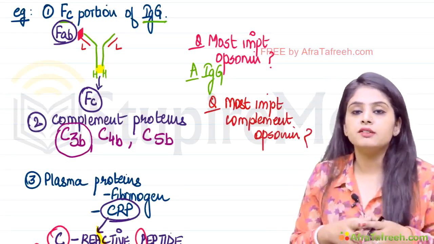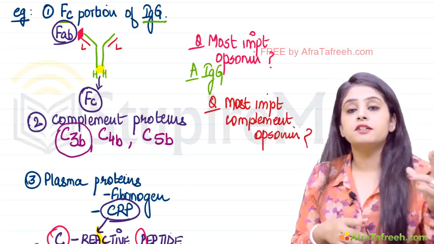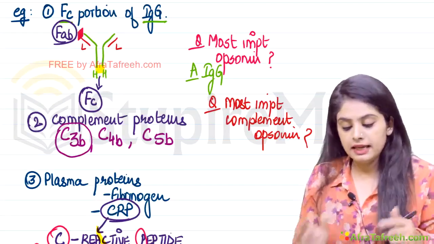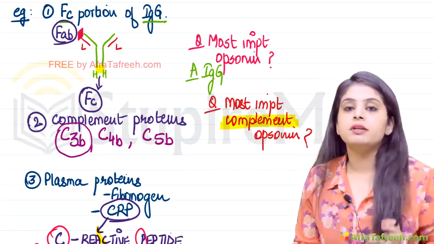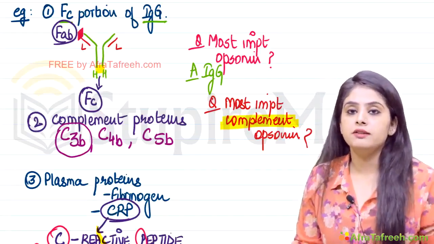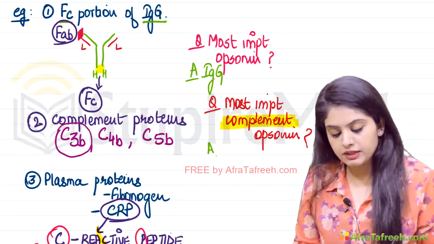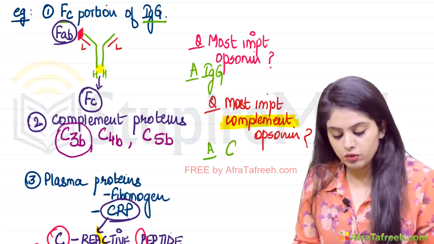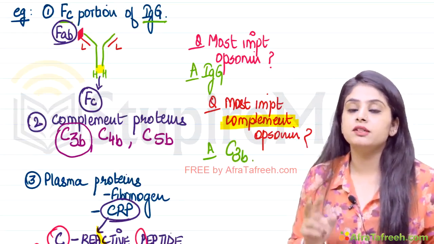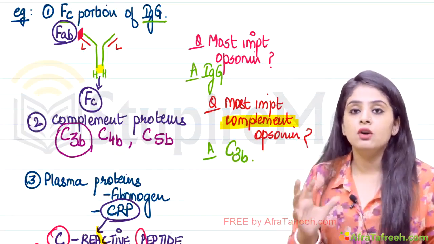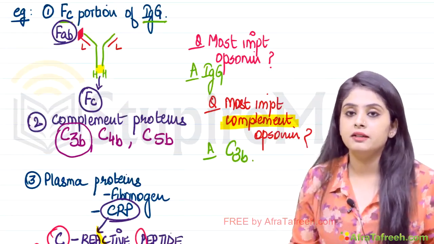In both cases they are asking you the important opsonin, but in the first they were asking you overall, and in the second question they are asking you particularly complement. Complements were 3b, 4b, 5b, and I told you we had written them in the same order. So the most important complement opsonin will be C3b. So these are two very important questions on opsonins that we have done.